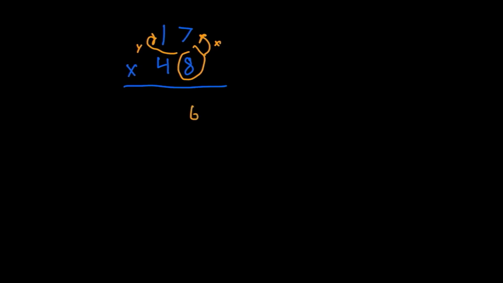So I'm going to choose the number 17 times 48. I'm going to start with the first number on the bottom, the 8, and multiply it by the 7 and the 1. When I multiply 8 times 7, that's going to be 56. So I'm going to write a 6, and then the 5 is carried over up top.